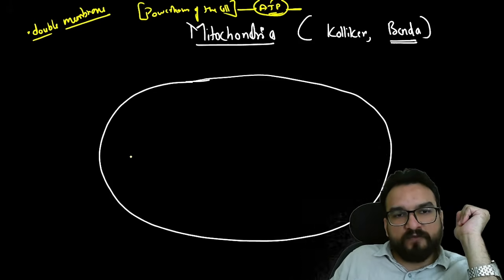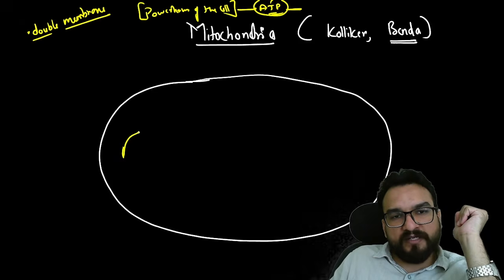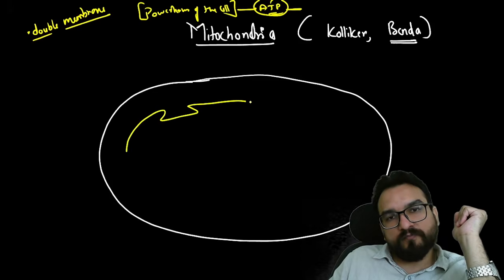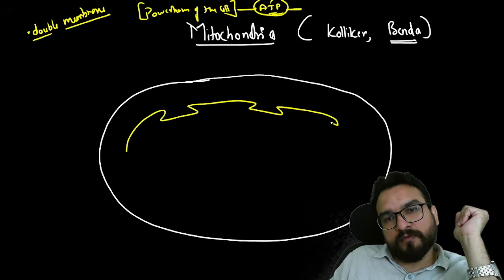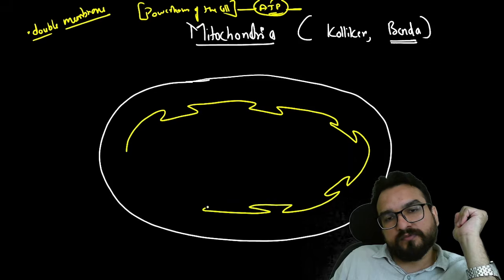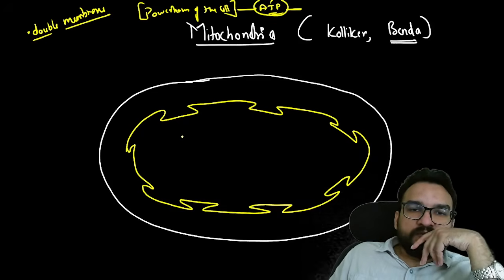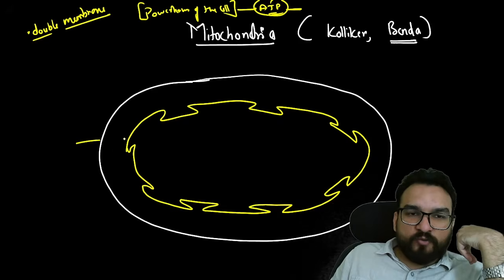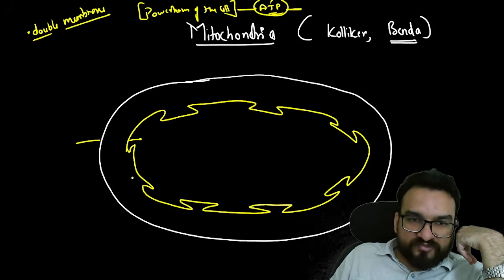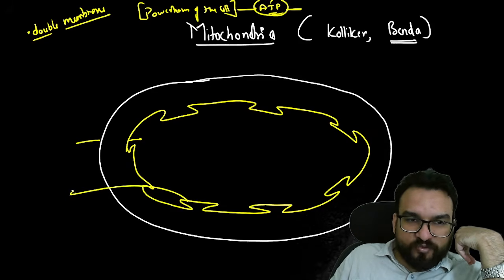Okay, so over here this is the double membrane structure. This is the outer membrane, and the inner membrane you will find somewhat like this. So this is the inner membrane, this is the outer membrane, and the structures like this I have shown you are known as cristae.